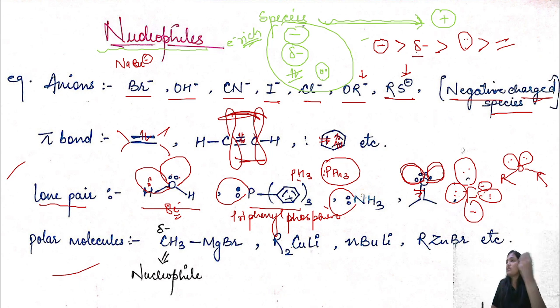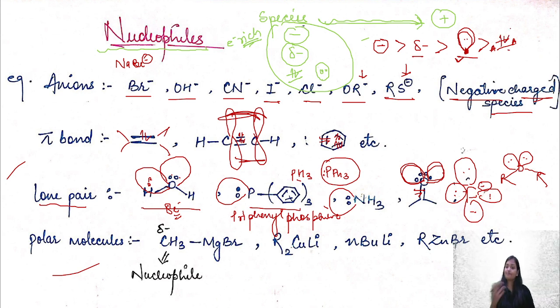Then comes the species with a partial negative charge. Then comes the species with a lone pair, which is bonded with only one atom, so it is under the influence of only one atom. But this pi bond is under the influence of two atoms, so the lone pair is a better donor than a pi bond.